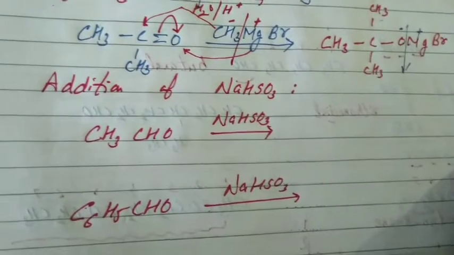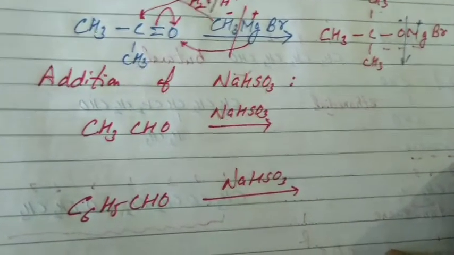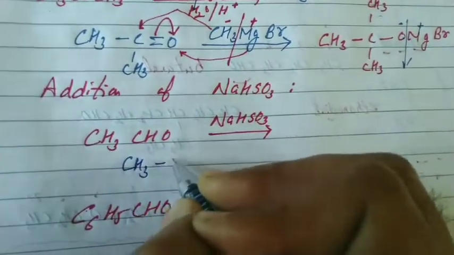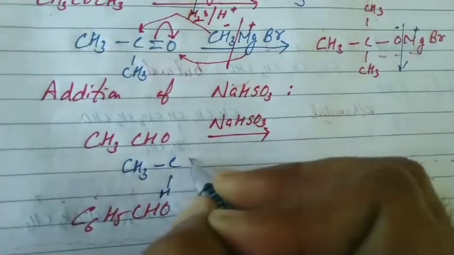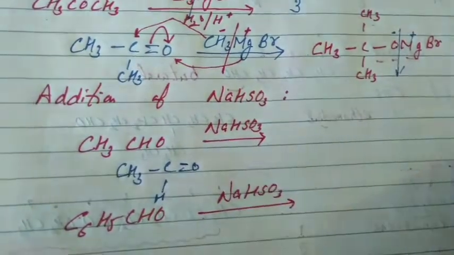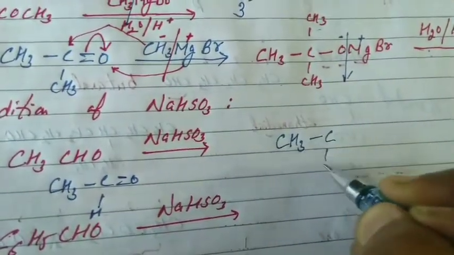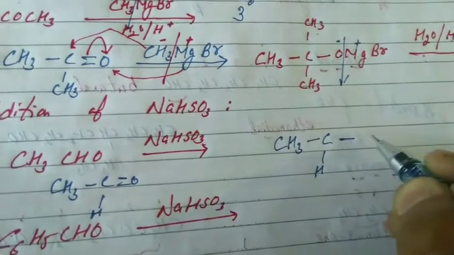After the third, addition of sodium hydrogen sulfite, NaHSO3. When we treat a carbonyl compound with sodium hydrogen sulfite, again we will do nucleophilic addition. Students, what do we have to do? We will do pi electron migration to oxygen, the double bond changes to single.